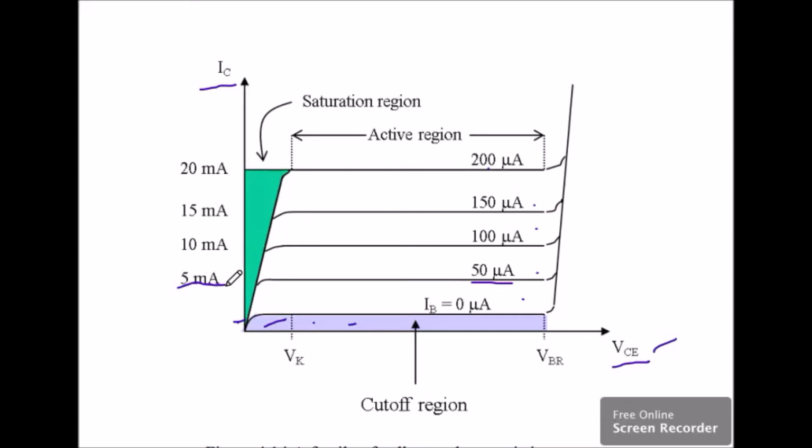Mas malaki na din siya correspondingly. If we use 100 microampere as IB, greater din yung iyong IC correspondingly. Okay? So, this is determined by your beta. Your beta, di ba, that is the current gain, that is your IC over IB. Yung ratio mo yun. Okay? Kumbaga, yung output mo over the input.